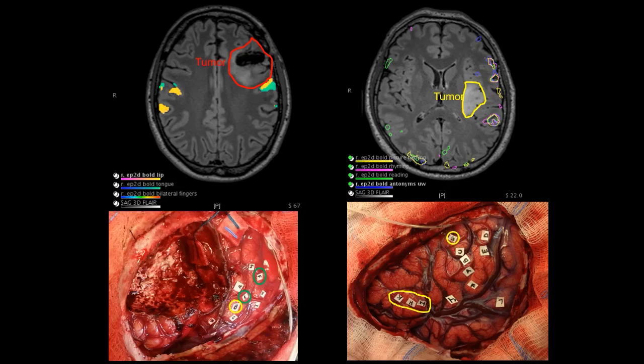Of note, while there is certainly a correlation between those two sites and the preoperative fMRI, there are also additional sites seen on fMRI which did not elicit naming errors during stimulation in the OR.